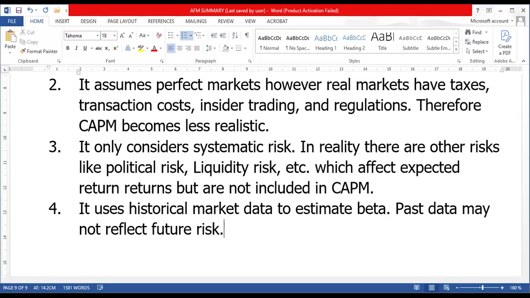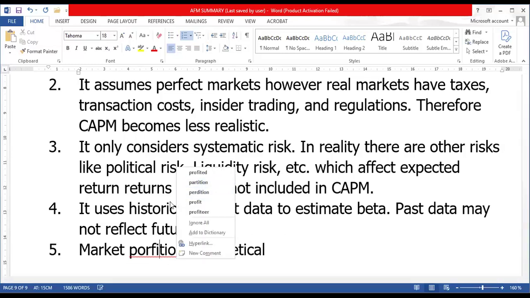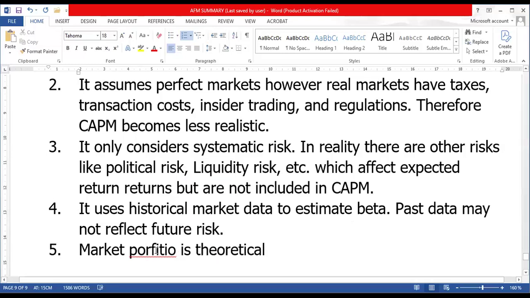That is something that you need to know. Then it looks at the market portfolio. The market portfolio is theoretical, because it assumes that these investors invest in the market portfolio.